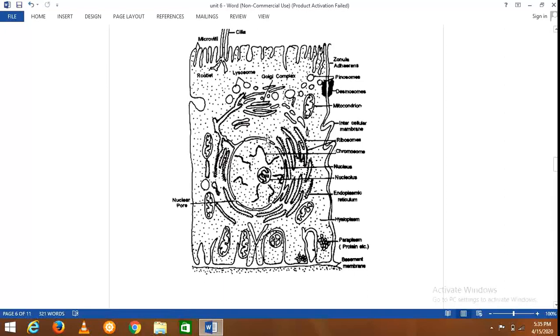And this is the Golgi complex. And the endoplasmic reticulum without these dot-like structures, which we call ribosomes, is known as the smooth endoplasmic reticulum, or SER. Then you can see the mitochondria by looking at the shape and the inner membrane with folds. And this is the cytoplasm. The outermost cover is the plasma membrane.